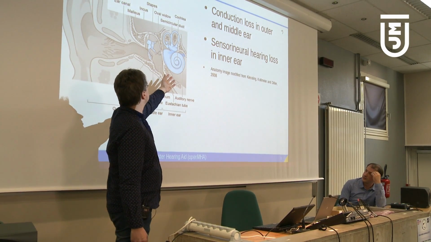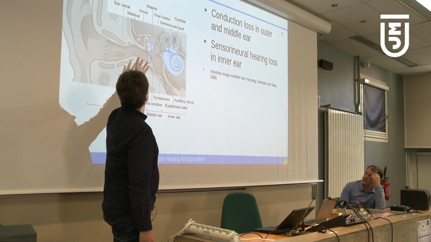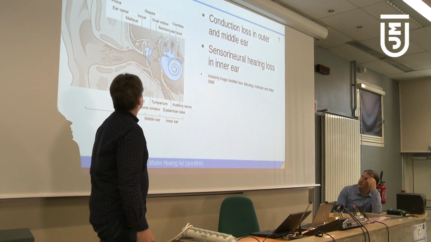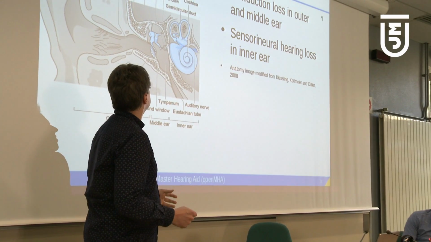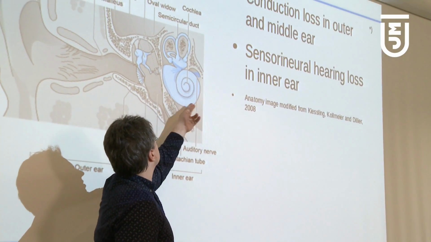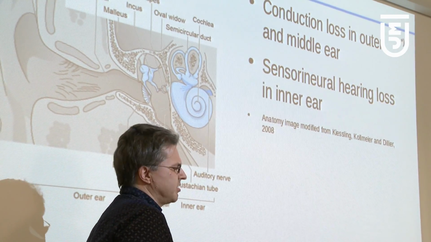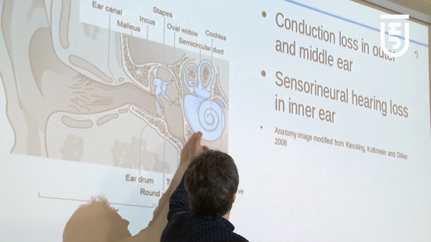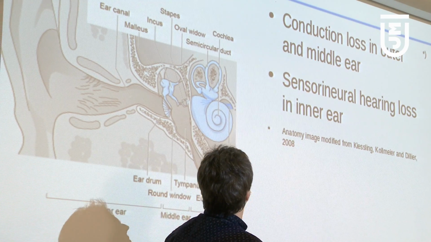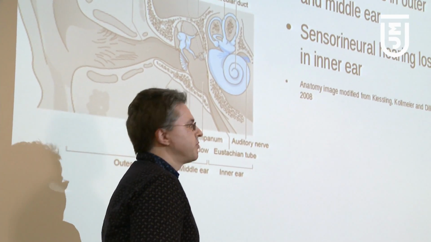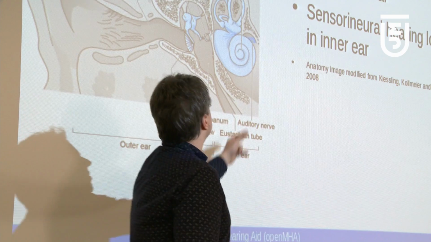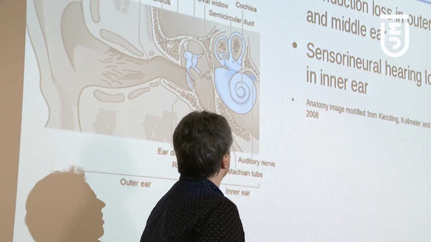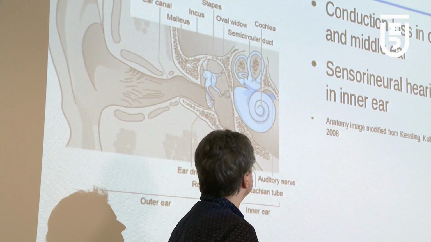The inner ear is filled with liquid, and the sound here is airborne, and the ossicles provide some adaptation to the impedance. The inner ear, the cochlea, is formed as a spiral, and you actually have 3 liquid-filled compartments that run along the length of this spiral, and they are separated by membranes.